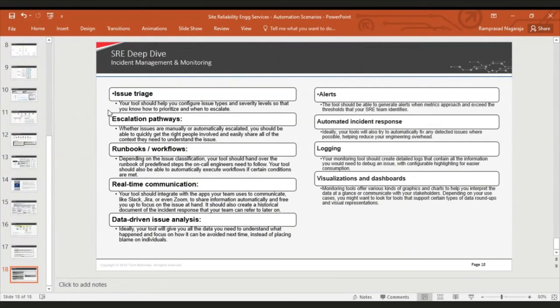How do you route to different categories and therefore to different people, or it could be to a bot which can address certain categories automatically, right? How do you define your run books and what's the workflow for your run books? How do you link some of your incident management capabilities to, like I said, bots or chat tools like Slack, etc., and also perhaps to other tools like Jira, etc.? Integration of these things can enable faster resolution of issues.